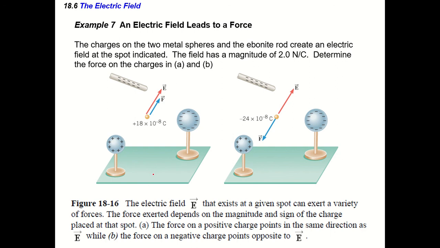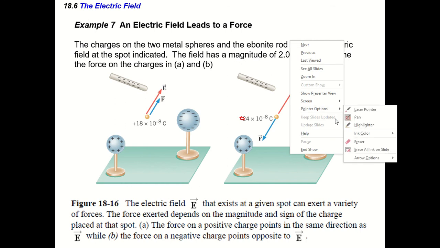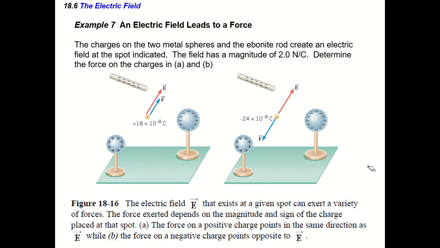So for illustration A, the force on a positive charge points in the same direction as E, while in illustration B, the force on a negative charge points opposite to E. So this is negative.